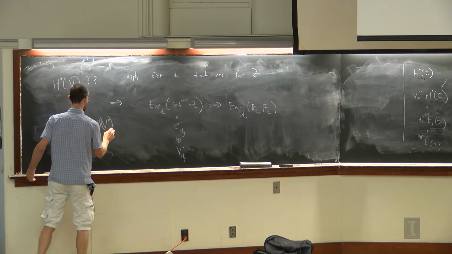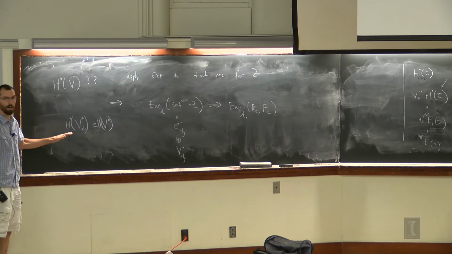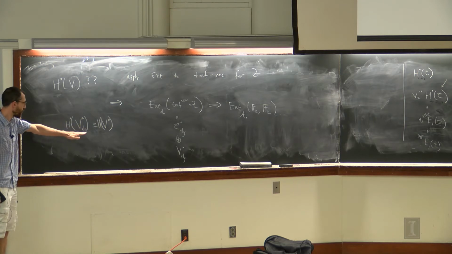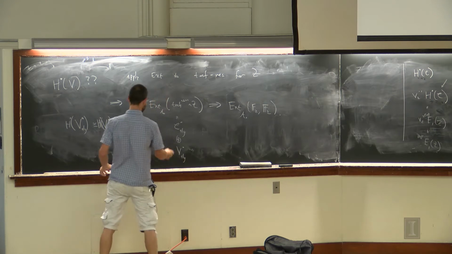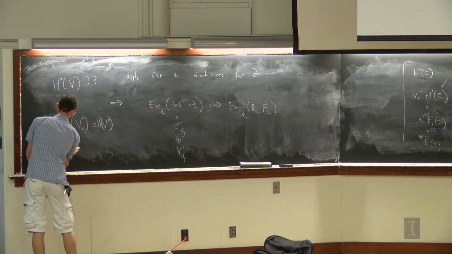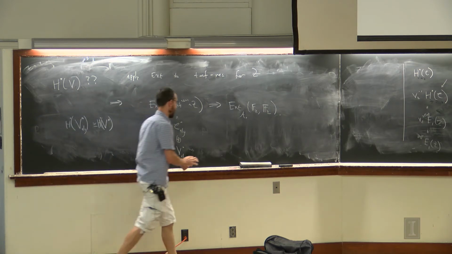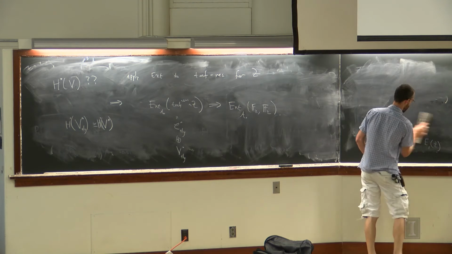So it doesn't matter what the evil complex is. All we care about is what its cohomology is. Now, let me talk about the cohomology of the algebraic guy. There's also a May spectral sequence computing the cohomology.